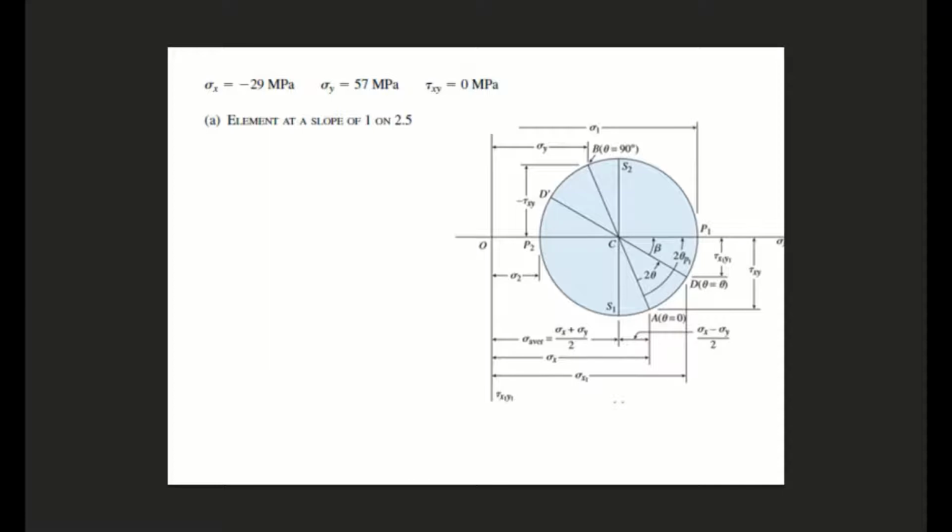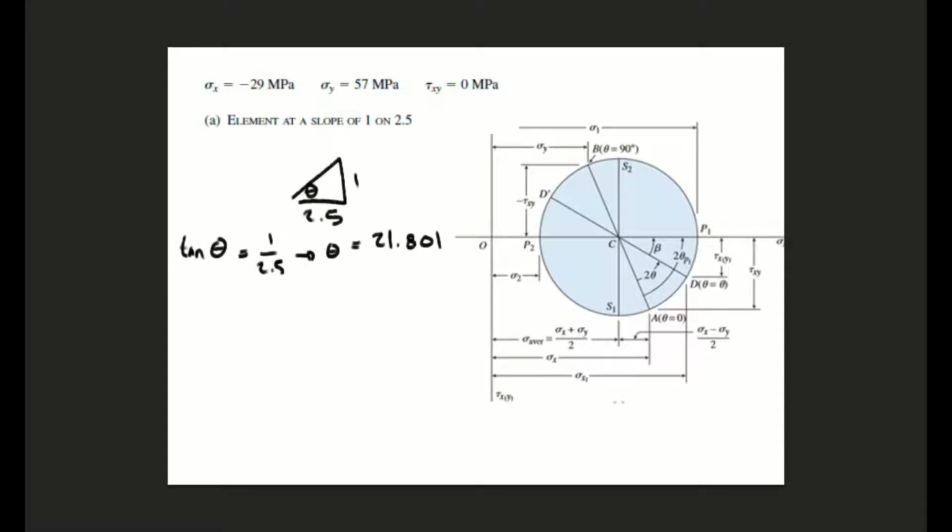So in part A, they say the element has a slope of 1 on 2.5. Okay, so that is our slope. And if we say tangent is equal to 1 over 2.5, then our phi is going to be 21.801 degrees.